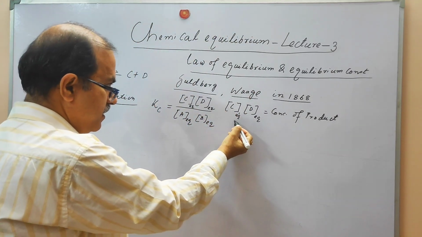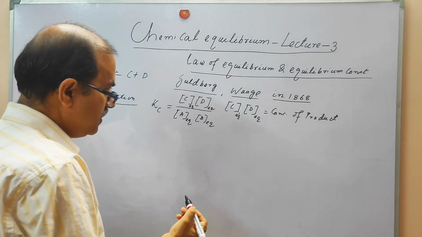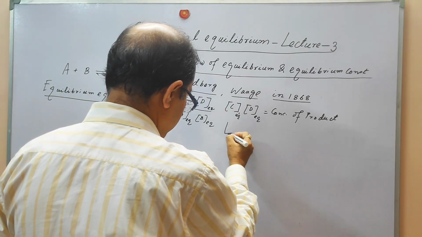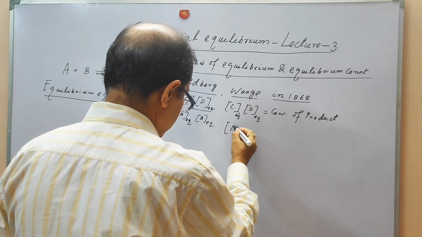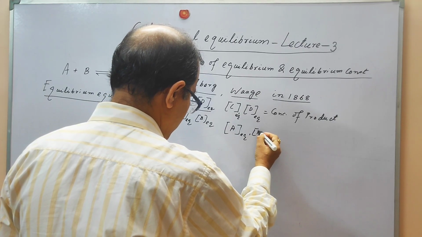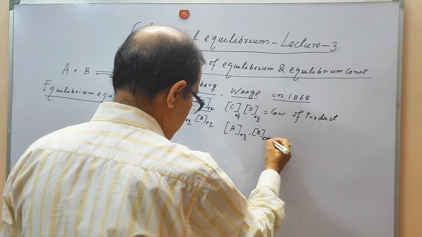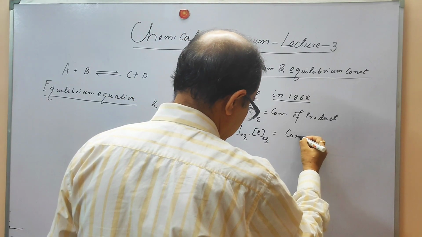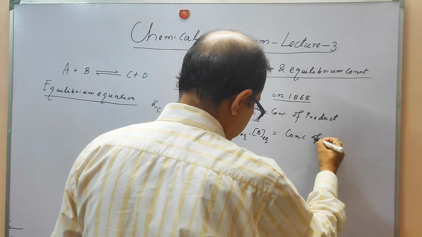That is why a suffix, the equilibrium notation, has been given. And here A and B in square brackets with the equilibrium suffix denote the concentration of the reactants.